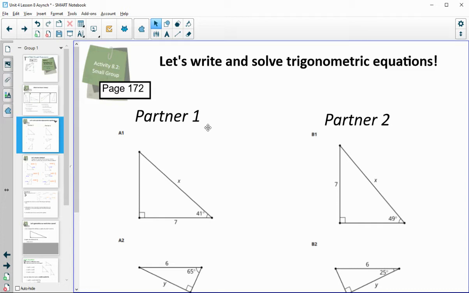On this next activity on page 172, if you have access to a partner, do this with a partner. One of you solve column A and the other one solve column B. If you're in class, you could do that with somebody next to you. If you're doing this remotely, either phone a friend or text somebody.